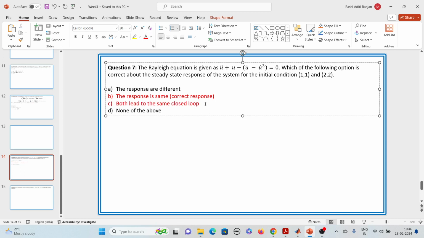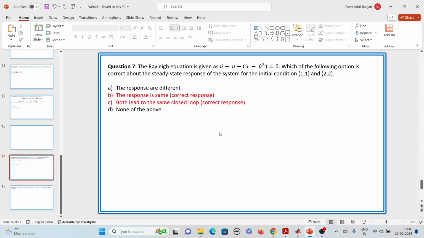So this is also the correct response. Even your assignment problems can have a case where there are multiple correct options. So please read the question properly and then attempt it.